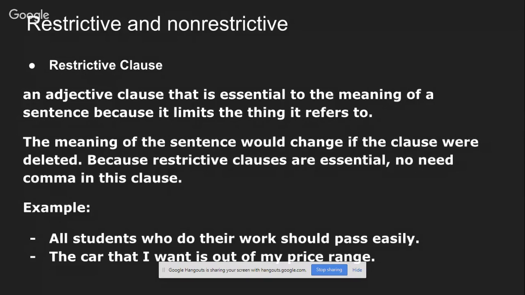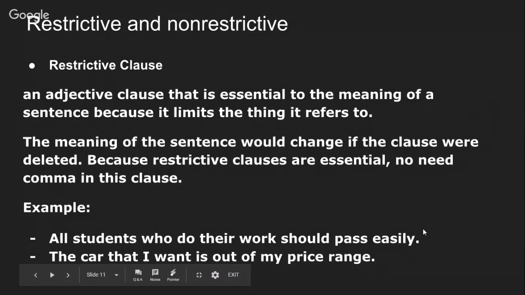For example: all students who do their work should pass easily. If you omit who do their work, it becomes all students should pass easily, which changes the meaning of the sentence. Also: the car that I want is out of my price range.